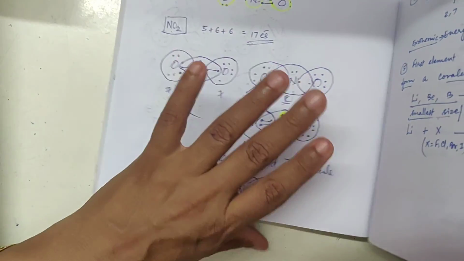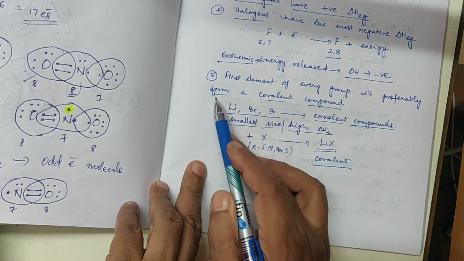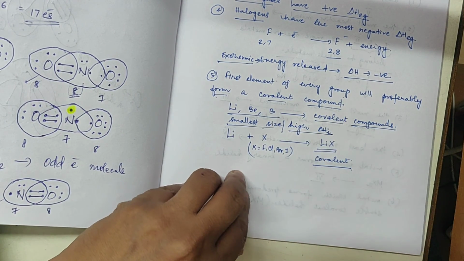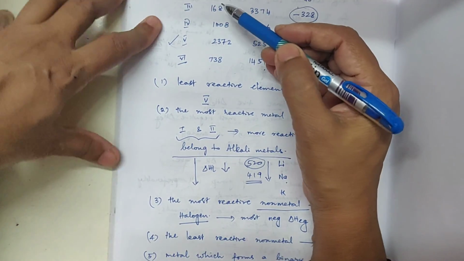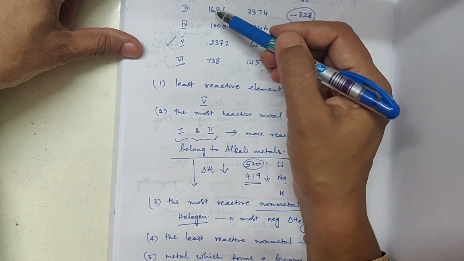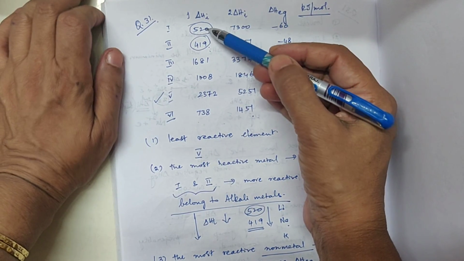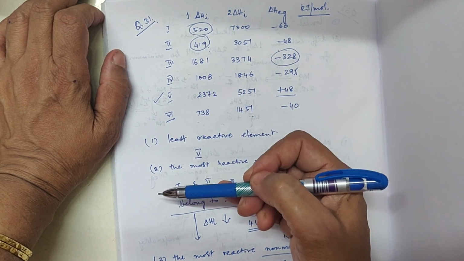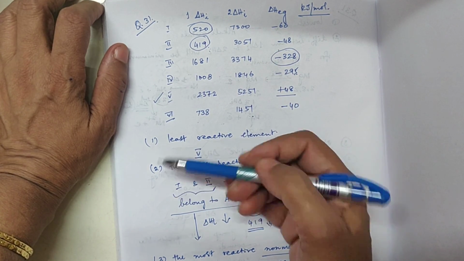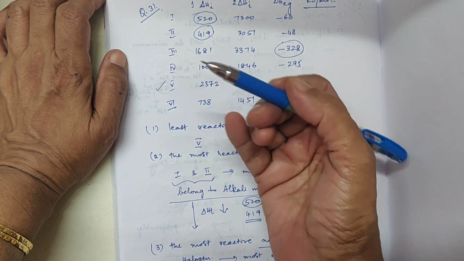Now here I told you, the first element of every group will preferably form a covalent compound, right? Now here, when you see the elements first and second, they have very low ionization energy and they belong to first group, we already discussed. Now what you know is that down the group ionization energy decreases.